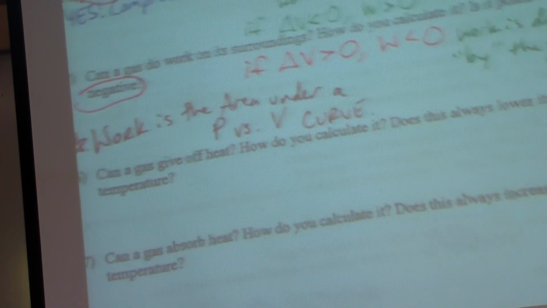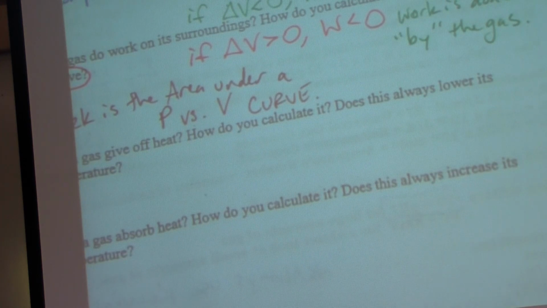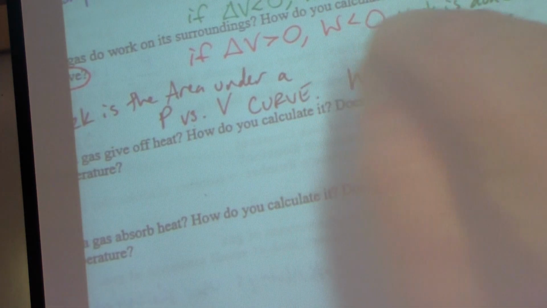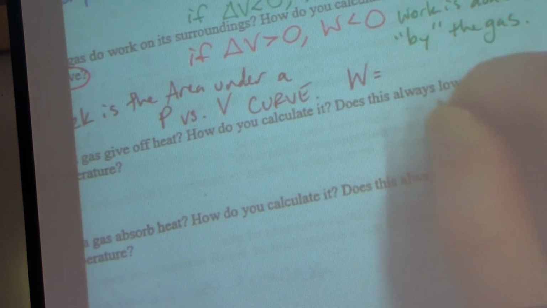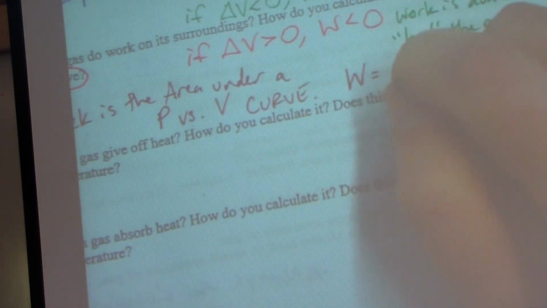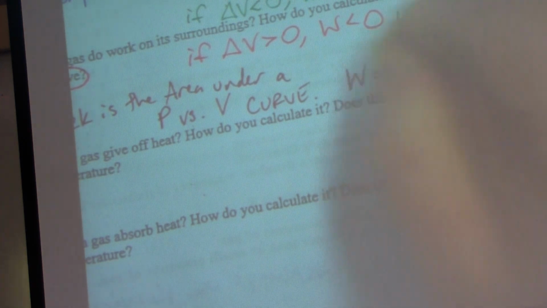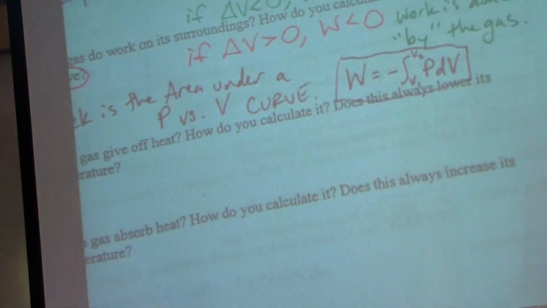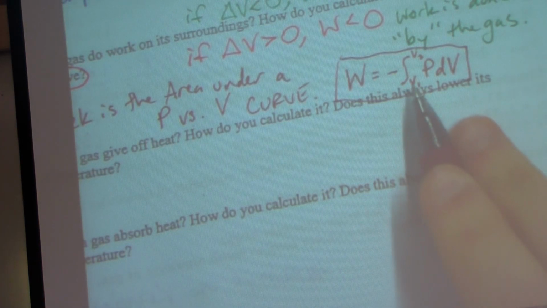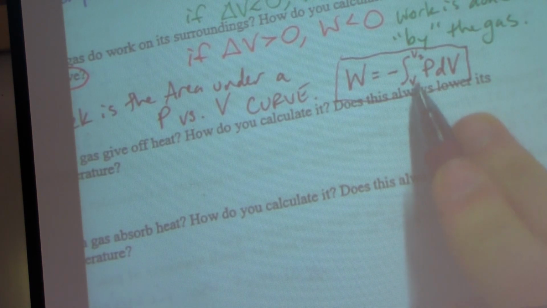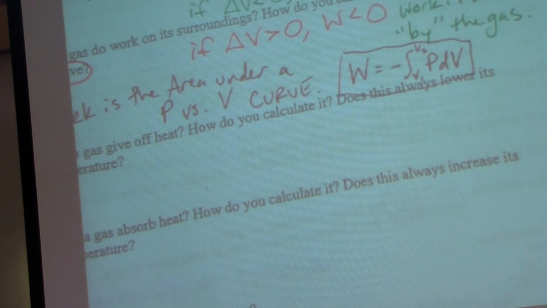And those of you who are calculusly inclined, instead of saying that work equals negative P dV, turn it into an integral. It's a definite integral from the first volume to the second volume. If you are not calculusly inclined, then it's the area under the curve.